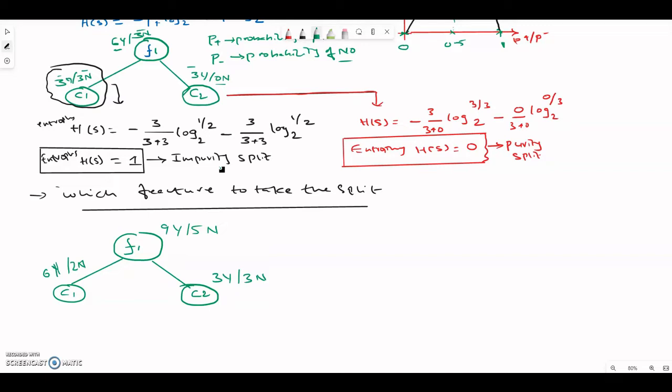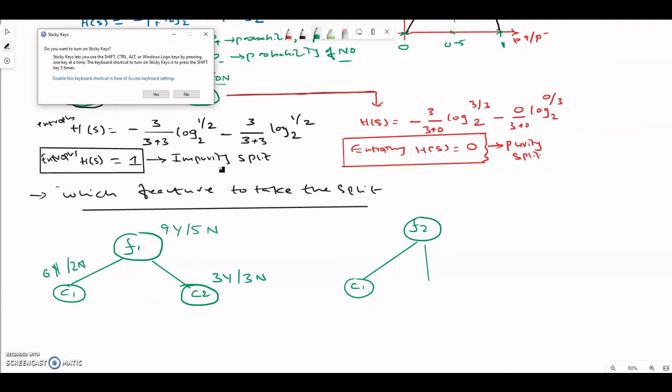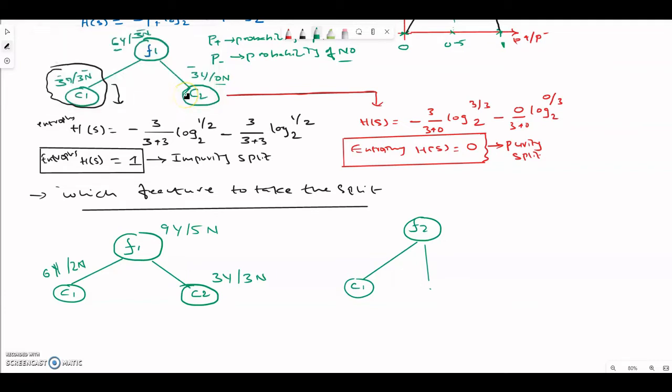Now we also have another feature called F2. Here we may have three categories for feature F2: C1, C2 and C3. Now we may have another feature again from here.